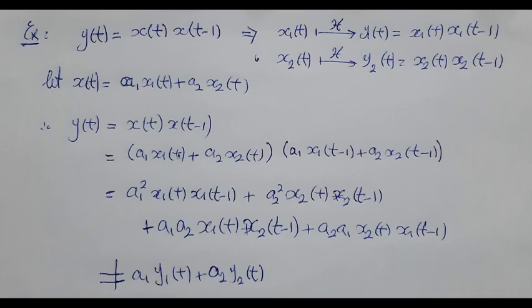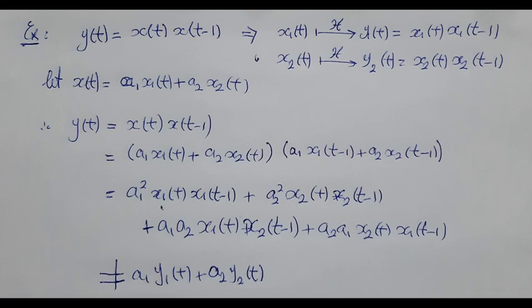So this will give you a1 squared x1 of t times x1 of t minus 1, which is this term, plus a2 squared times x2 of t times x2 of t minus 1, which is this term. And then we get the cross terms: a1 a2 x1 of t times x2 of t minus 1, and the other cross term is a2 a1 x2 of t times x1 of t minus 1.